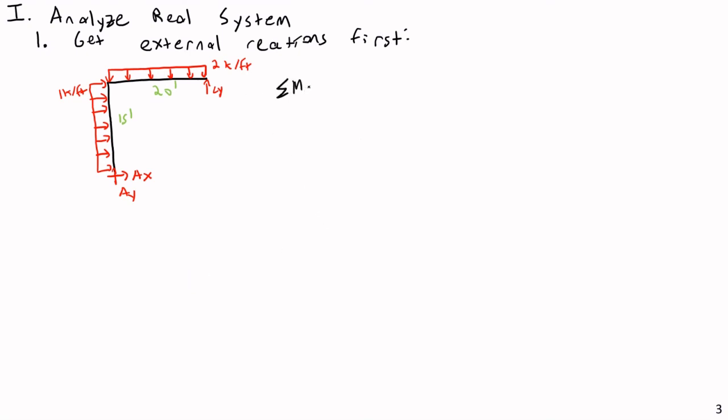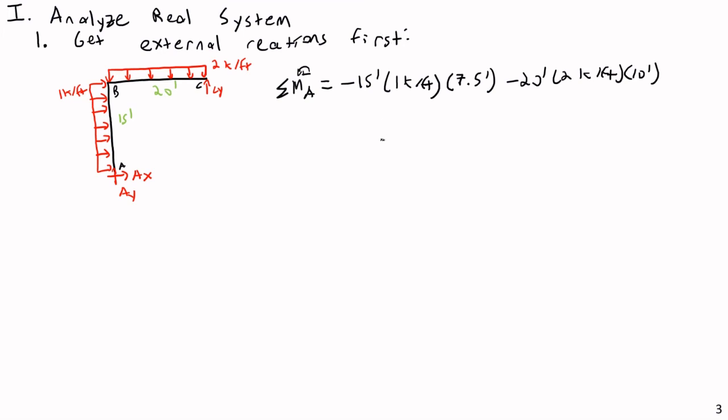If you do a sum of moments about joint A, with joint labels A, B, and C, counterclockwise positive, you will have negative 15 feet times 1 kip per foot, the moment caused by our horizontal load, times its equivalent point load location, the distance to its centroid of 7.5 feet, minus 20 feet times 2 kips per foot times 10 feet, plus CY times 20 feet equals 0.